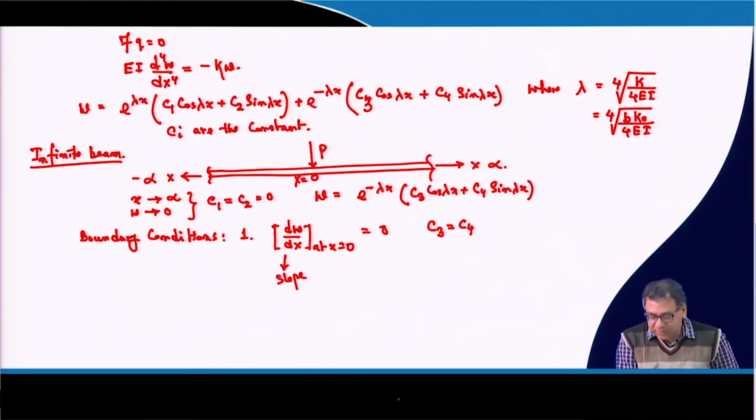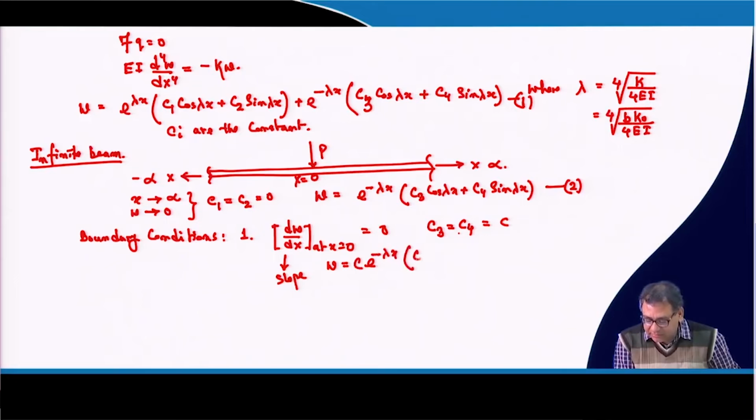So once you differentiate equation 2, this is equation 1, and put x equal to 0, and that slope is also 0, then you will get C3 is equal to C4, and that I can write as C. So after application of the first boundary condition, this equation will be C e to the power minus lambda x into cos lambda x plus sin lambda x.